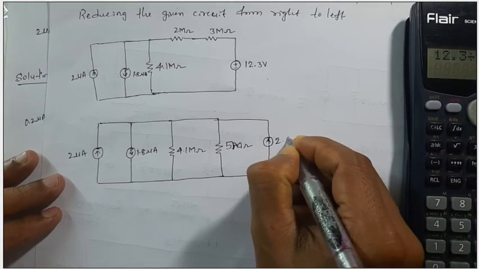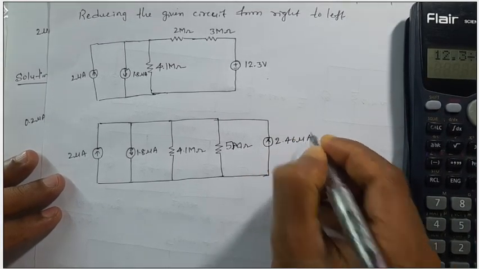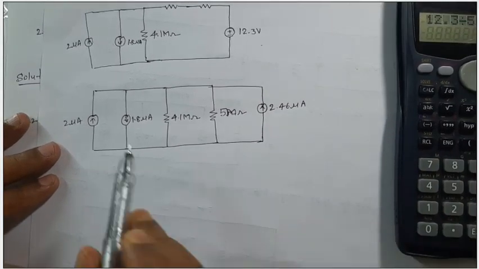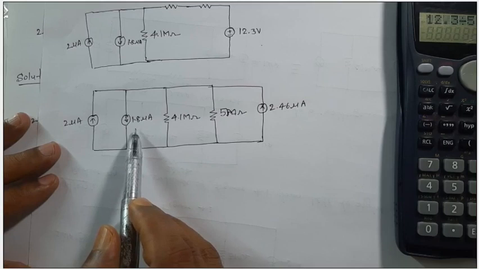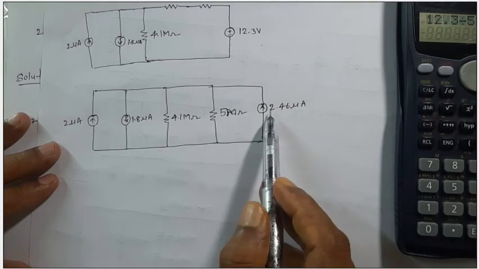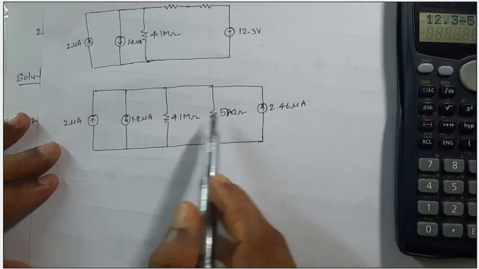This is 2.46 microampere. Now see, dear students, there are 3 current sources. One is 2 microampere, another one is 1.8 microampere, and the third one is 2.46 microampere. All are in parallel.